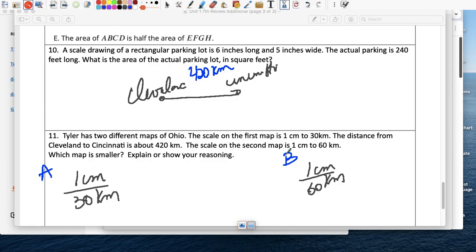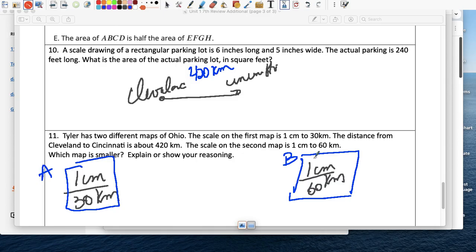We know it's going to be B, because in this ratio, 1 centimeter represents more kilometers than the other. Here 1 centimeter only represents 30 kilometers, and in this one 1 centimeter represents 60 kilometers. That means when we draw the distance in our notebooks, we don't need as many centimeters to represent 60 kilometers.